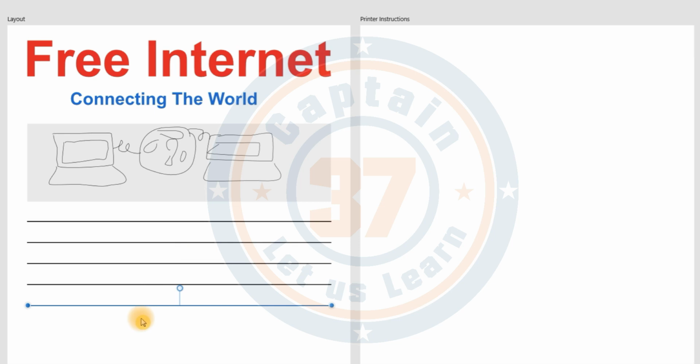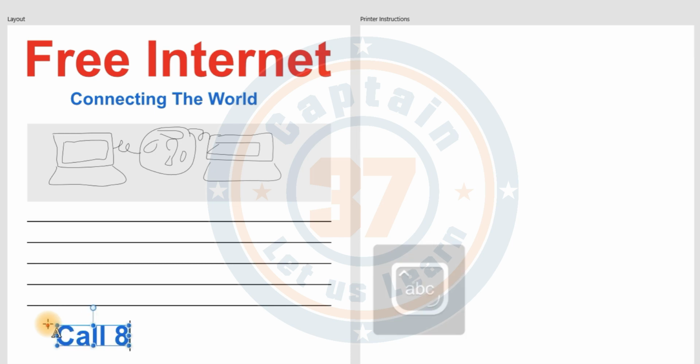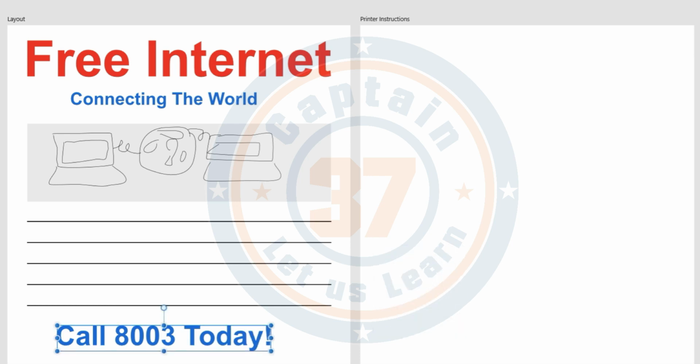Then after these lines, you can include a call to action. Every good advert must have a call to action. For example, the call to action here could be call 8003 today. That's a call to action. If it is on the internet, a call to action could be click here to subscribe.